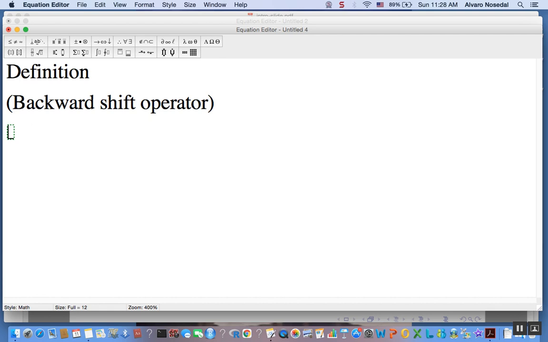We're going to be using capital B to denote the backward shift operator, and we're going to apply that to a time series xt.